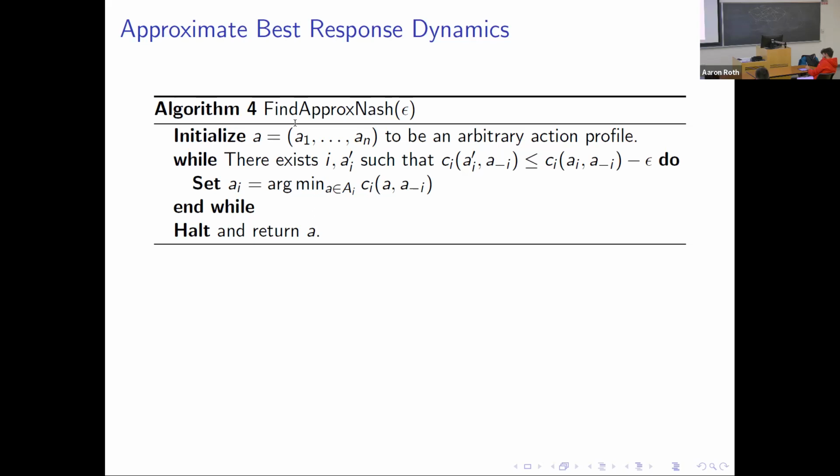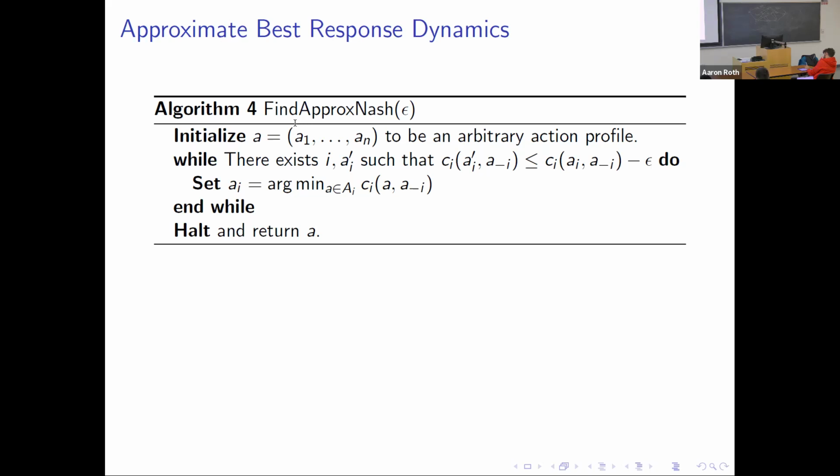So let's take that seriously and think about a version of better response dynamics that's exactly the same as before, except now there's some threshold epsilon so that you're not going to bother changing your action if it won't decrease your cost by at least epsilon.